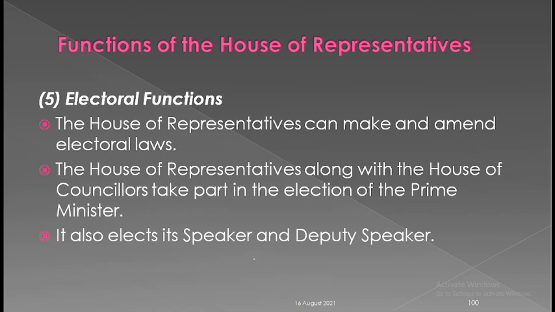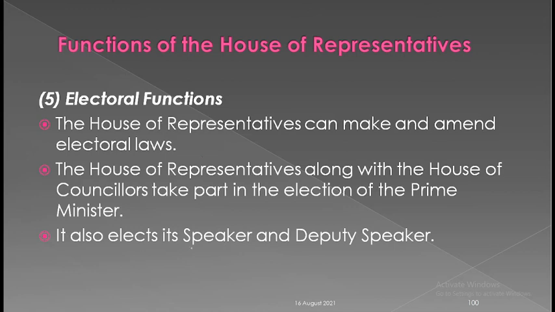Now, when it comes to electoral functions, both the houses elect the Prime Minister soon after the general election. The House of Representatives can make and amend electoral laws along with the House of Councillors.